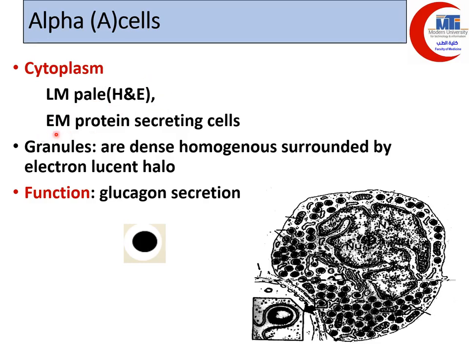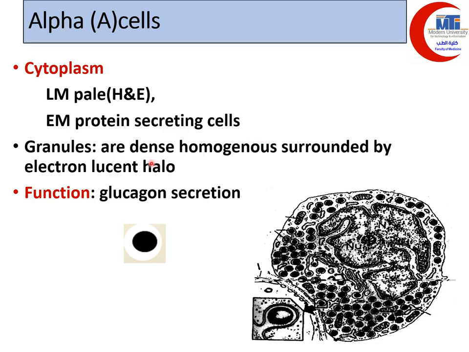By electron microscope, these cells secrete glucagon hormone, which is protein in nature. So the EM picture of these cells is the EM of protein secreting cells that contain rough endoplasmic reticulum, well-developed Golgi apparatus, and membrane-bound secretory granules.